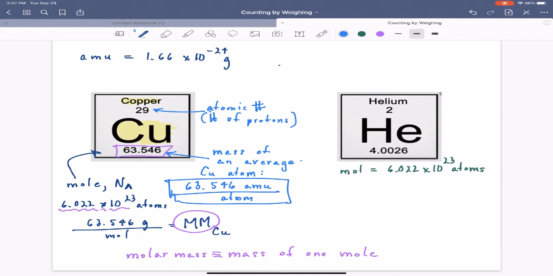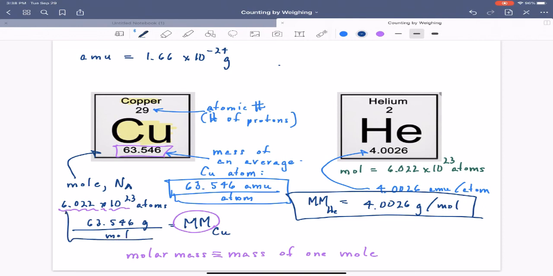So we can interpret this meaning here to be 4.0026 AMU per atom, or 4.0026 grams in the group that we call a mole. And that is the molar mass for helium.